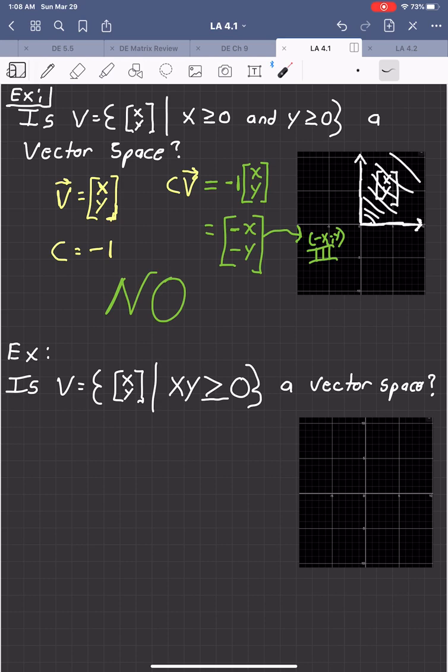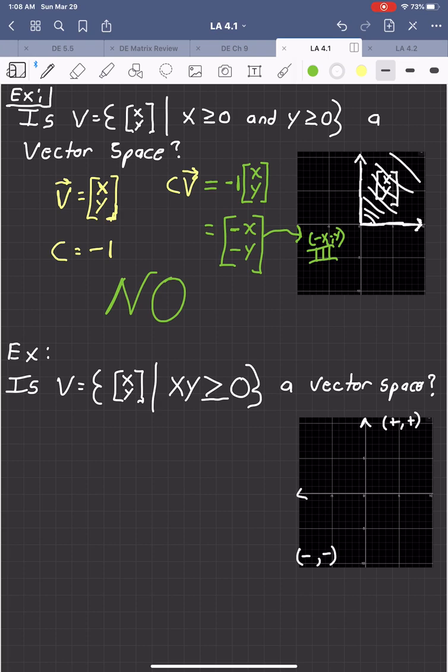So now, what is the geometry of that? Well, I think you'll agree with me. Quadrant 1, the x values are positive, the y values are positive. In quadrant 3, the x values are negative, the y values are negative.